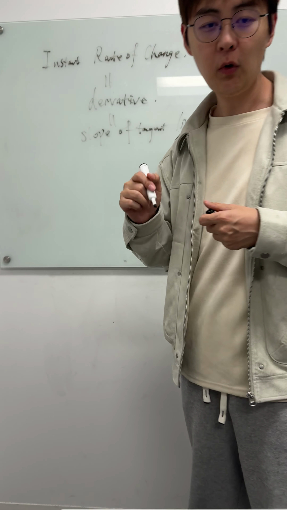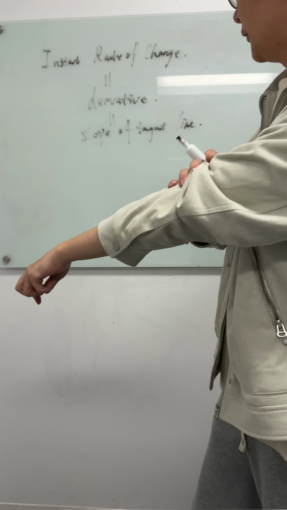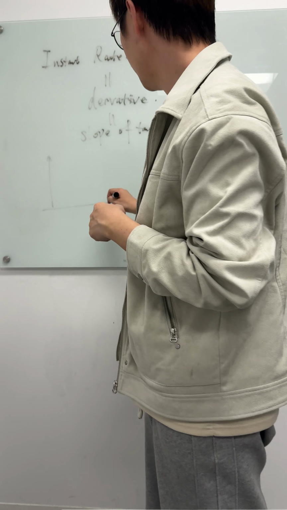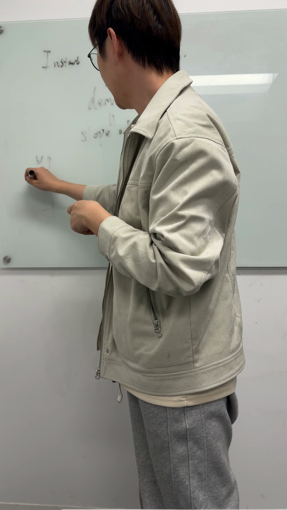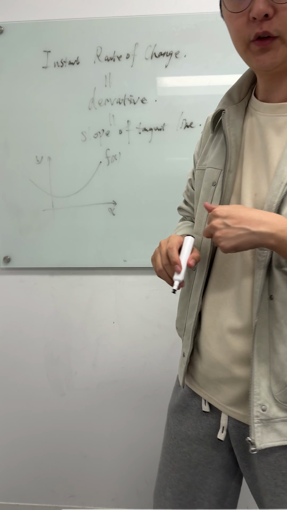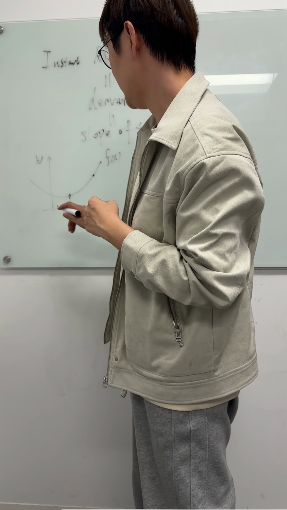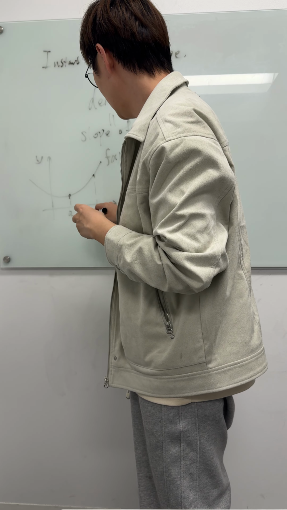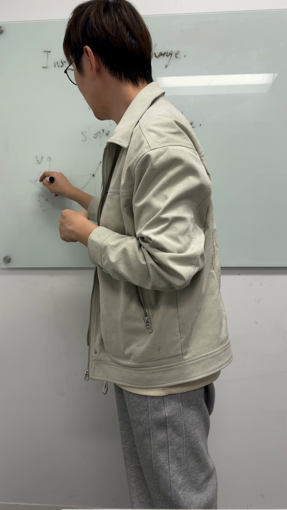So why can we see this? Let me show you a graph. If you have an xy coordinate system, you have a graph kind of like this. Think of this as your function. If you have two points a and b, here is f(a), here is f(b).